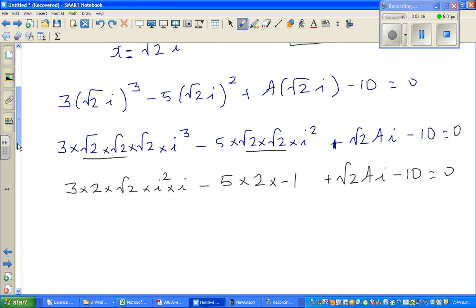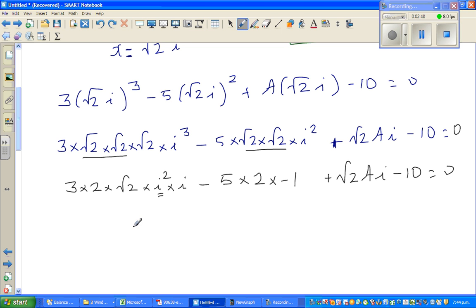Now i squared becomes negative 1, and I will leave the other as i, so this is 6 root 2 times minus 1, which is minus 6 root 2i. Where did the minus come from? Because i squared is negative 1.